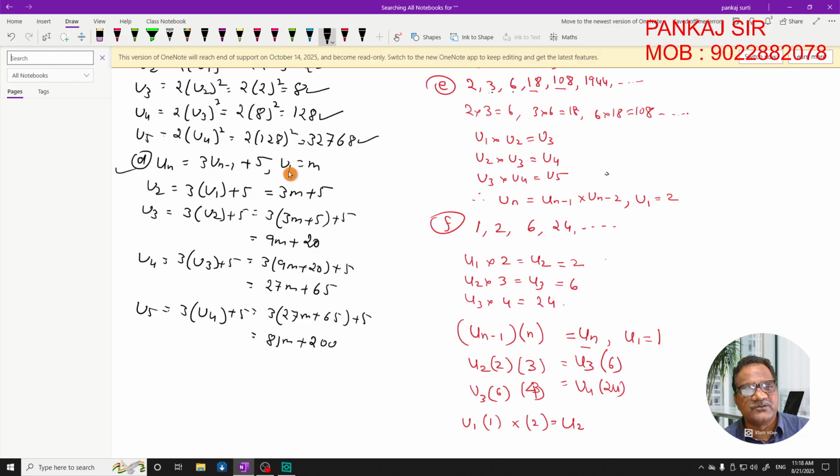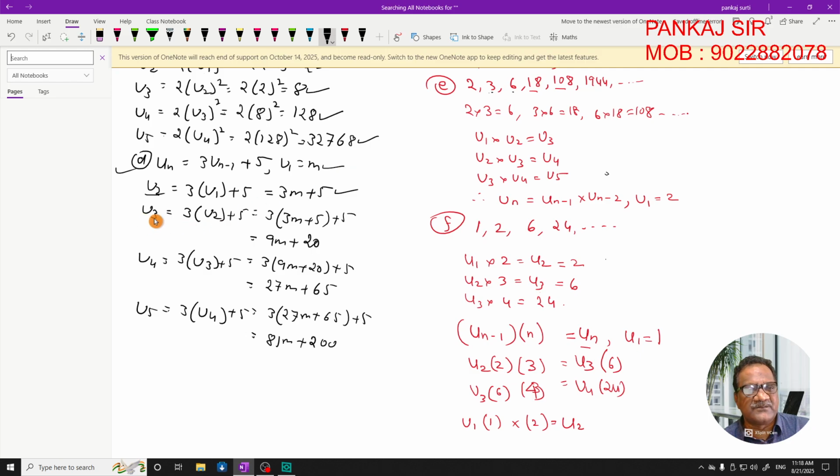The first term u1 is m. Second term u2 will be equal to 3 times un minus 1. So un minus 1 will be u1 in this, because un is n minus 1. 3 times u1 plus 5. But u1 is nothing but m. So it will be 3m plus 5. Second term will be 3m plus 5.